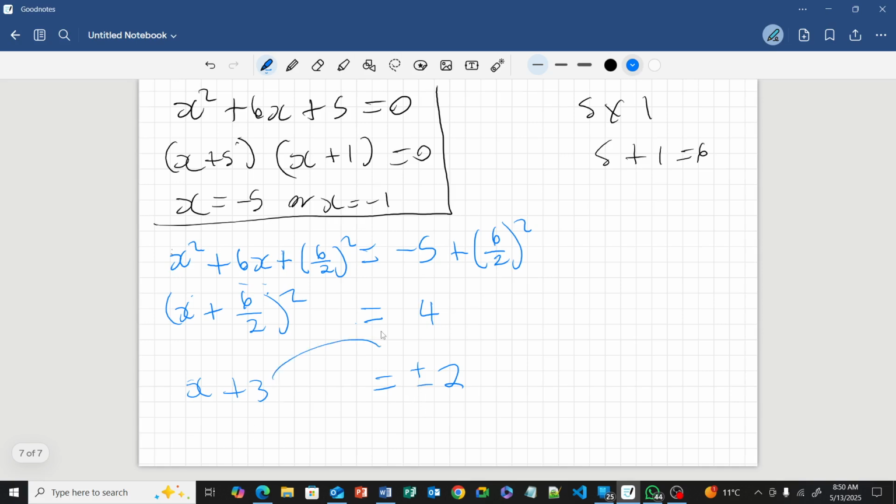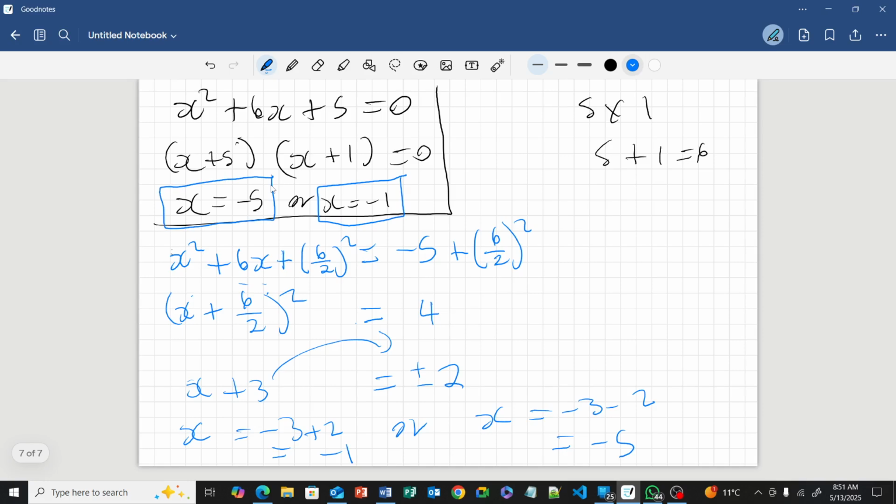So when I transpose that, I will either have x equals minus 3 plus 2, or x equals minus 3 minus 2. Where there's a plus 2, I'm going to get negative 1. Then here, I'm going to get a negative 5. If you look closely, it is very similar to the answers we got here. So completing a square is just another method that they want you to know, but the results are the same.